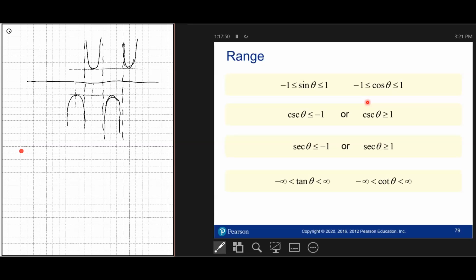The graph of the tangent function looks a little bit like the cubic function. And for the cotangent, I'm trying to remember, does it go the opposite direction? I can't recall right off the top of my head. That's the one I'm fuzzy on.